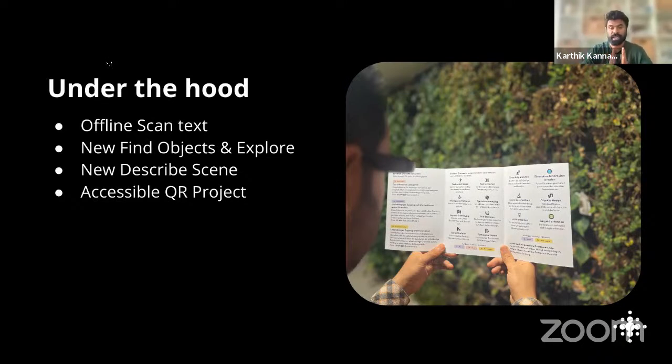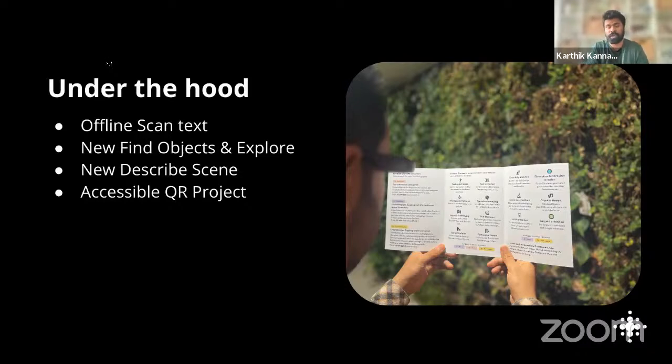So it would say, looks like a laptop at 12 o'clock, or looks like a person at 2 o'clock, and so on. We're definitely going to keep adding more objects to Find Objects and Explore mode. And of course, these 2 functions also work entirely offline.